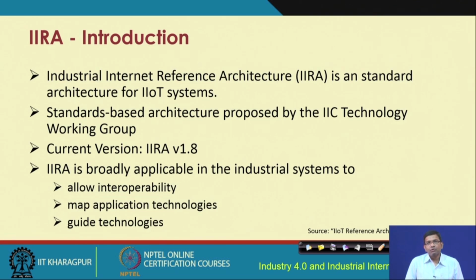Their technology working group came up with this architecture. The current version is IIRA v1.8, and this architecture broadly applies in industrial systems to allow interoperability, mapping application technologies, and guiding the use of these technologies by different application users.